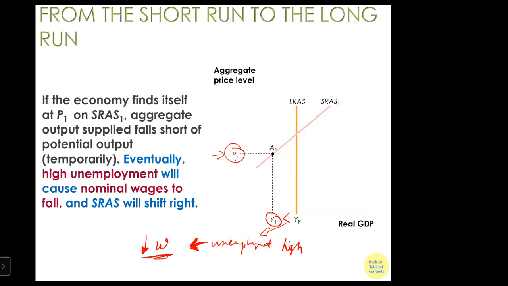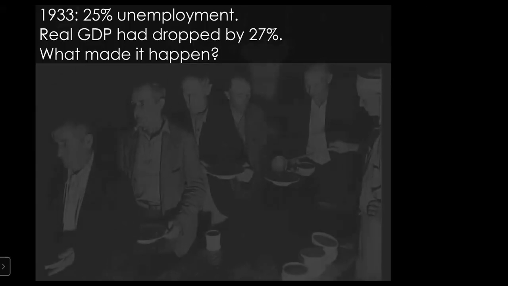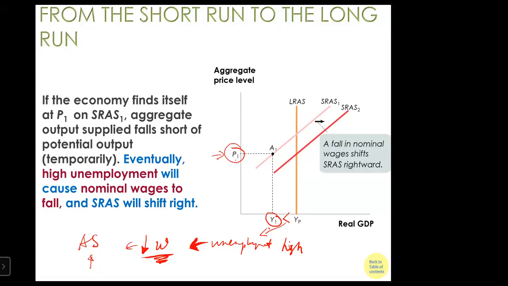Wage is going to fall. Now if wage is going to fall, that's going to make the business more profitable, and hence in the short run the aggregate supply will increase, right? So that means the curve will move to the right hand side. Sorry. And then we are going to here, right?